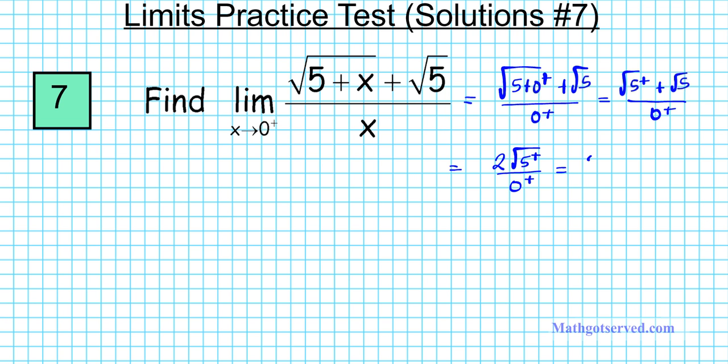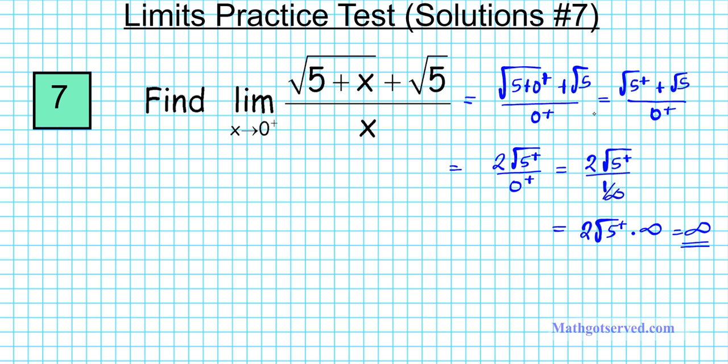Okay, I will show you what 0 from the right basically is. 0 from the right is the same thing as 1 over infinity. So we have 2 times the square root of 5 from the right over 1 over infinity. Okay, and then we'll multiply 2 root 5 from the right with infinity. We'll have 2 root 5 from the right times infinity, and your final answer is simply infinity.